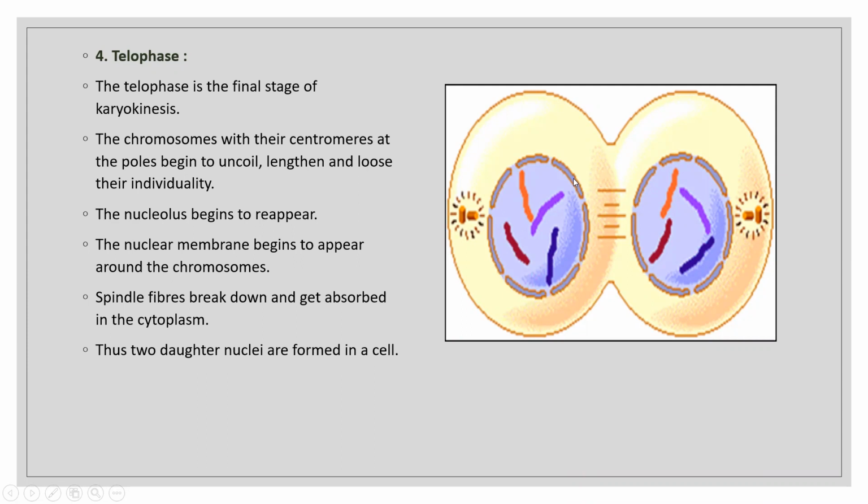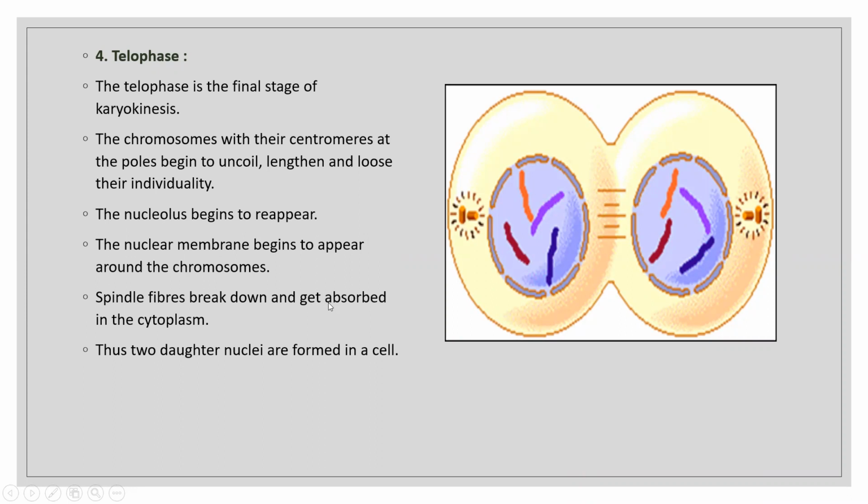In prophase, we had studied that the nucleolus and the nuclear membrane disappear. But in telophase, when the daughter chromosomes reach the opposite poles, the chromosomes uncoil, and the nucleolus and the nuclear membrane appear again.